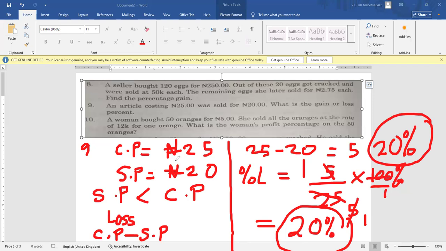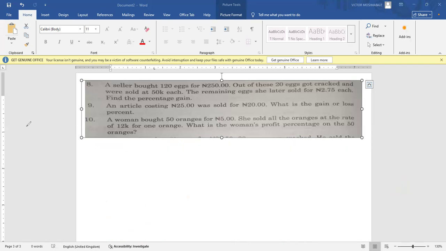Last but not the least, question number 10. And in this question, we're told that a woman bought 50 oranges for 5 naira. Another keyword for cost price is coming to view. 50 oranges for 5 naira, so 5 naira becomes our cost price for 50 oranges. She sold all the oranges at a rate of 12 kobo for 1 orange.